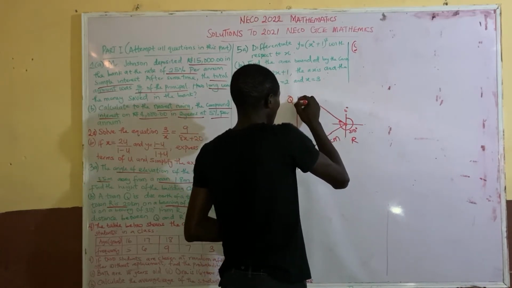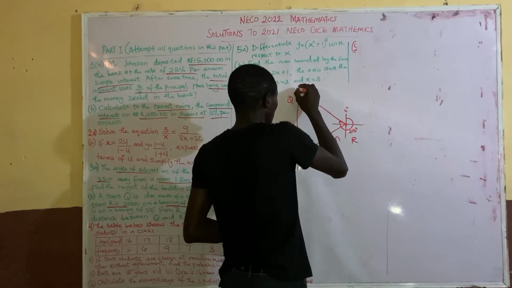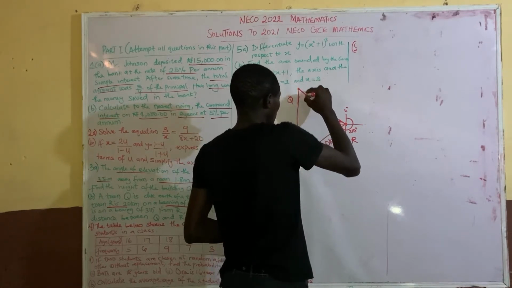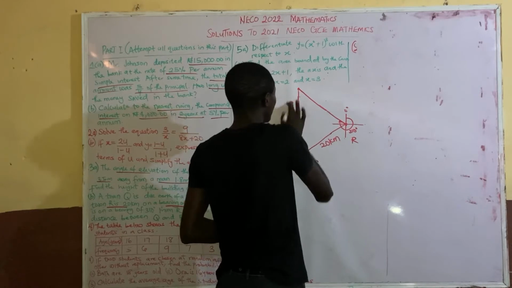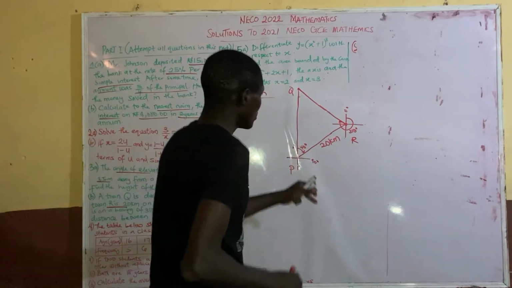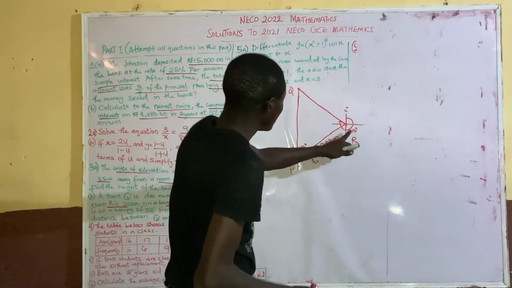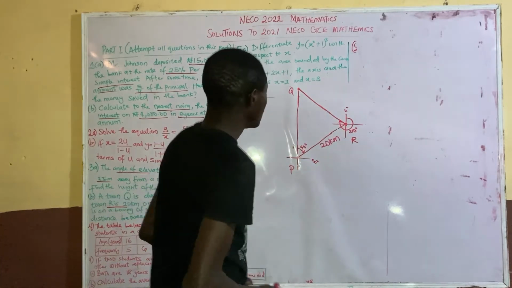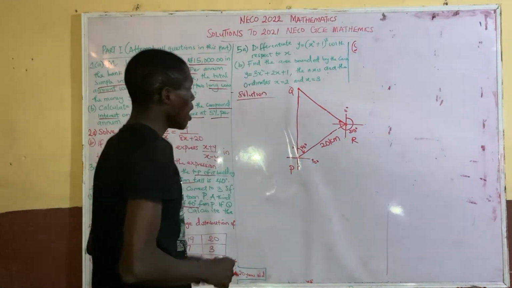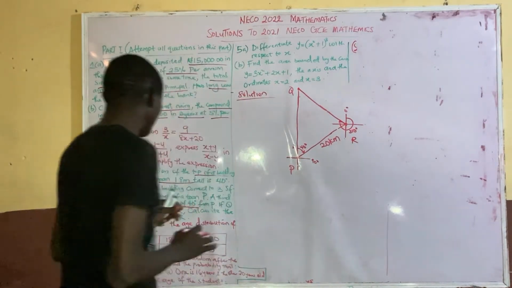Let me join it a little bit. So this is your point Q: 310 from R. So now that's the interpretation.